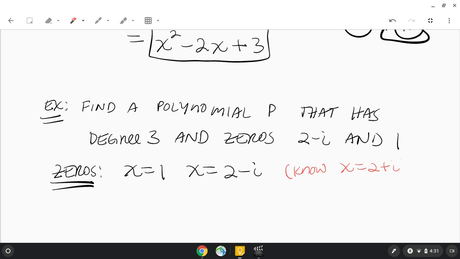Hopefully you know that, because remember, they always come in conjugate pairs. Complex zeros come in conjugate pairs.